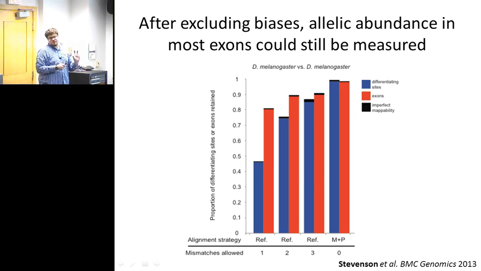Is the imperfect mappability predictable? So could you create a mask for this, for the imperfect mappability, based on a set of rules or criteria? Yeah, so I actually used a program called GEM to calculate genome mappability. Inputs to that program are the read length and the specified number of mismatches.